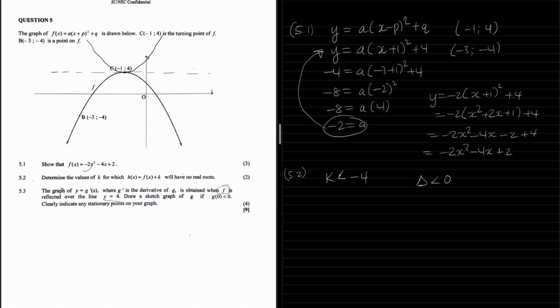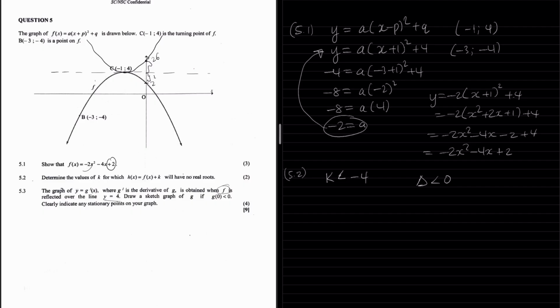So if this value is 2 and the distance from here to here is 2, that means the distance from here to the y-intercept should also be 2. So 2, 4, and then 6. So this value will be 6.